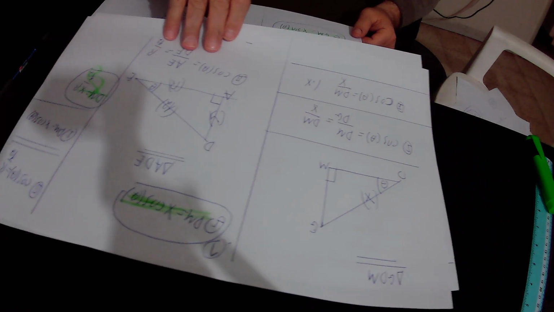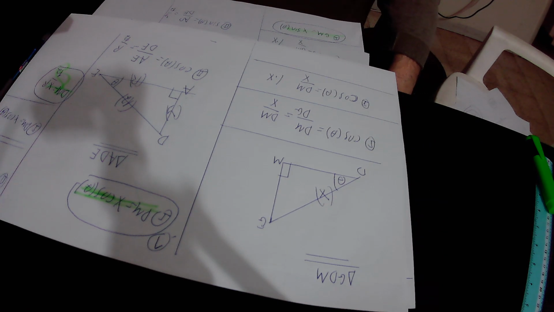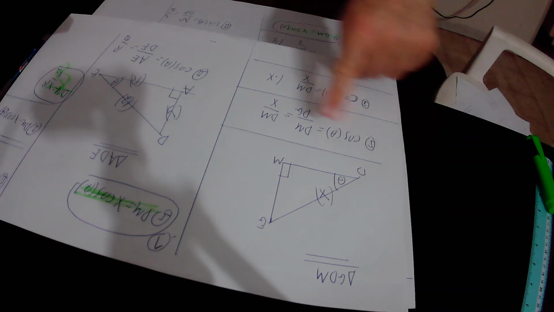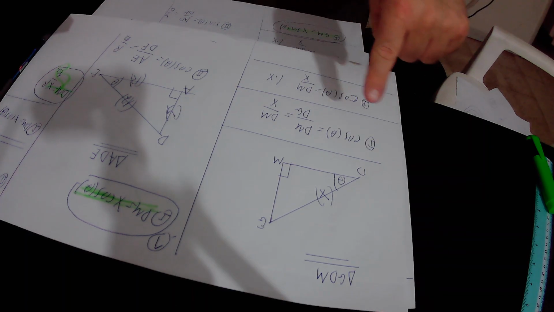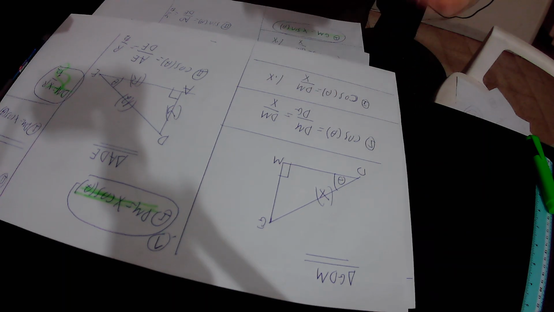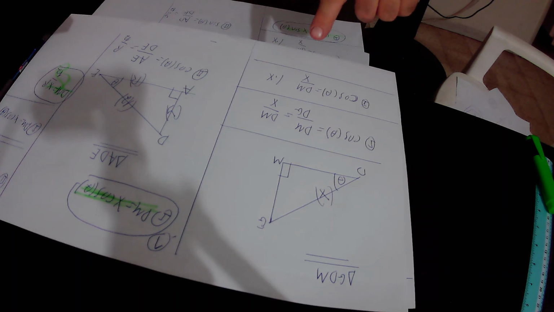So actually, this is right triangle GMD that I copied from the original drawing. In this right triangle GMD, it is very easy to see that cosine theta equals DM over GD. So DM is the missing side, so we leave it as it is, over DG.